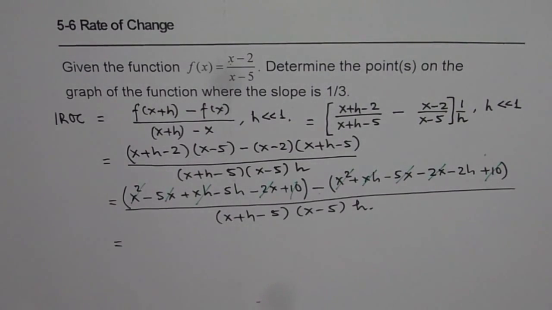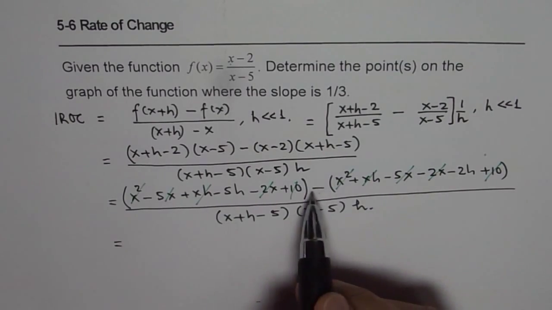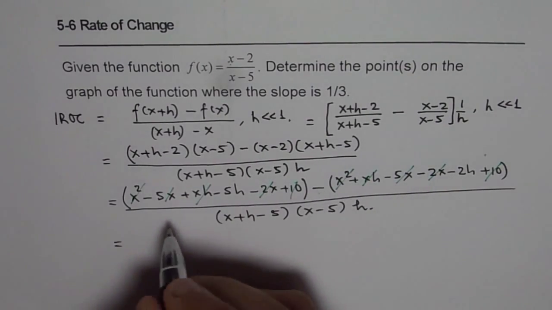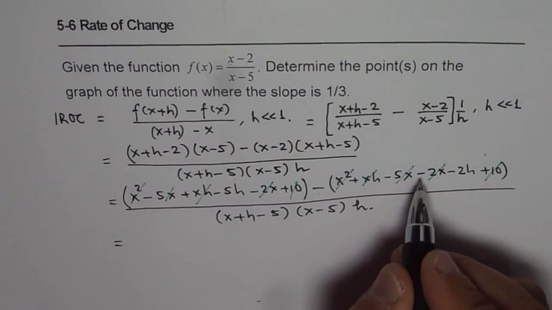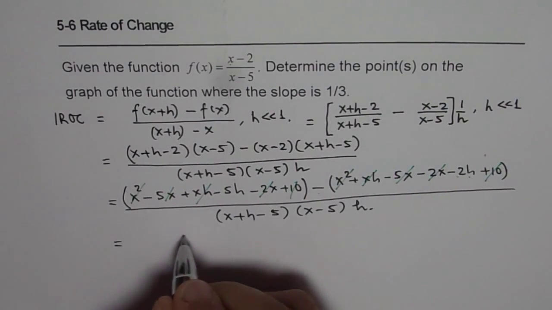So we are left with -5h, and minus of minus becomes plus, right? So we have -5h + 2h, which will give us -3h.